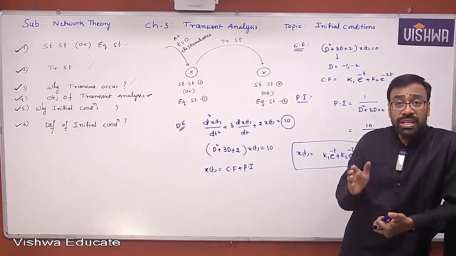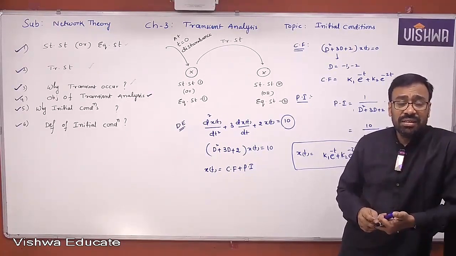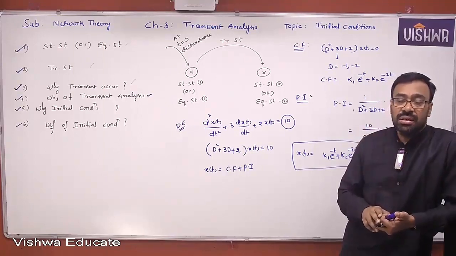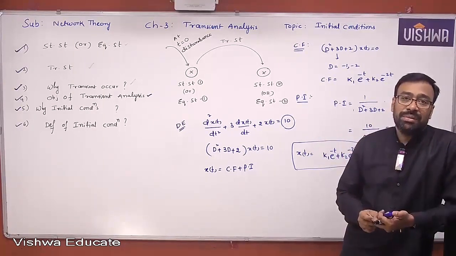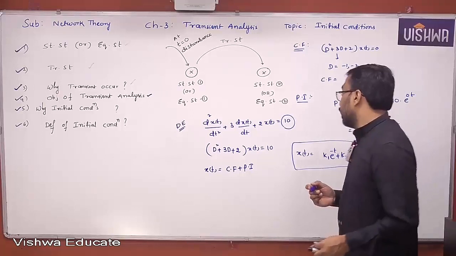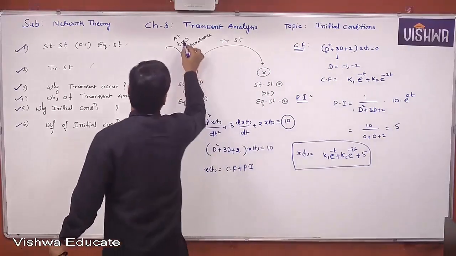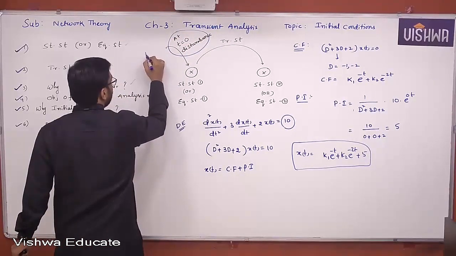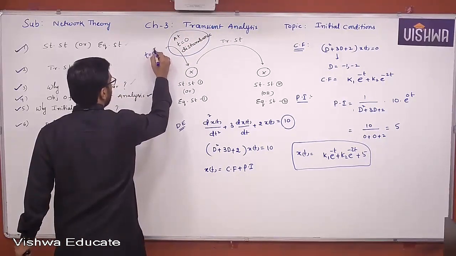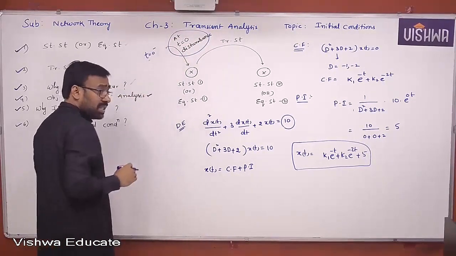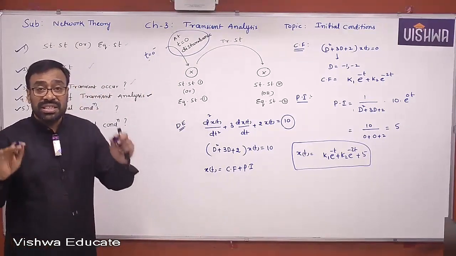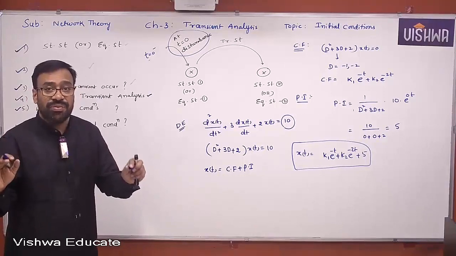For example, at t equal to 0 the disturbance comes, and the conditions which exist in the system at t equal to 0 minus, that means immediately before the disturbance, are called initial conditions. This is the definition given by a mathematics professor.